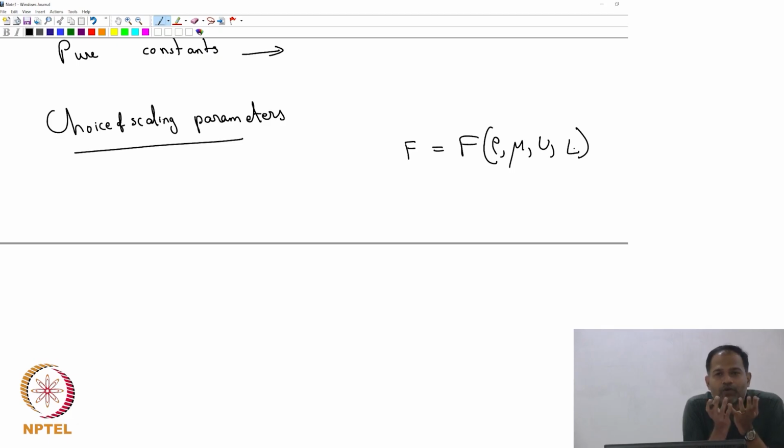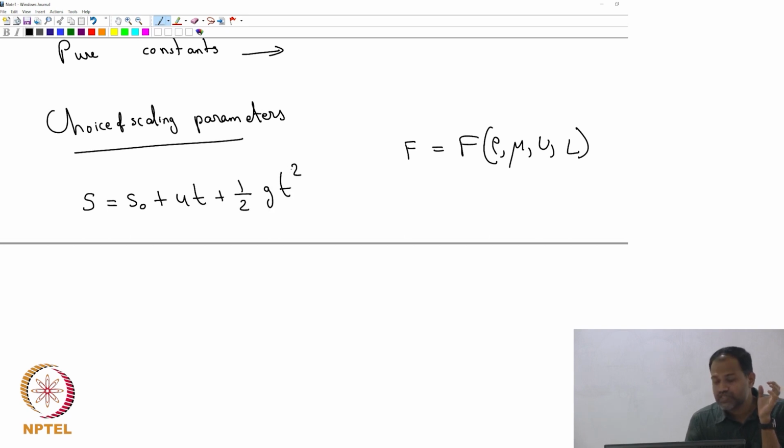Now, it would not be obvious what are the parameters that we should choose, and there is no way to really do it, but in order to see what it means, let's take a simple exercise where we already know the functional form, which is, again, we'll go back to this equation, S equal to S0 plus ut plus half, let's say, g t square, which should be the trajectory of a particle which is just falling under gravity, okay.